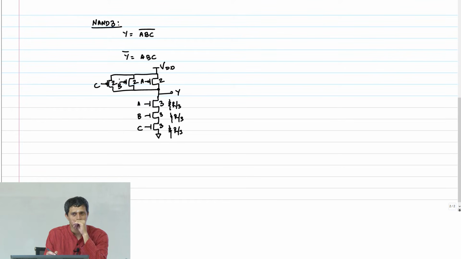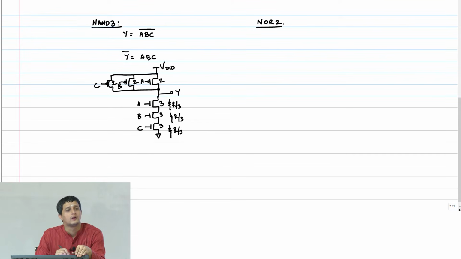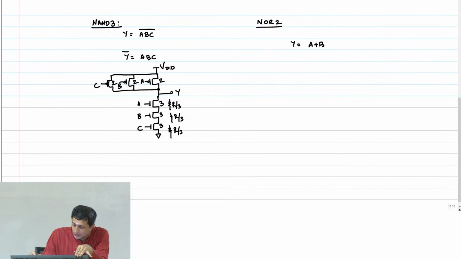okay. So now let's look at the NOR gate, NOR 2. Y equals A plus B whole bar. So can you just draw the NMOS and PMOS stack first?